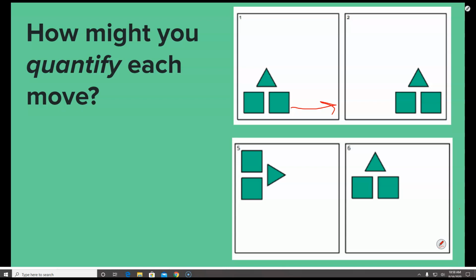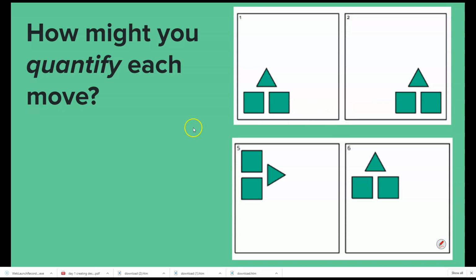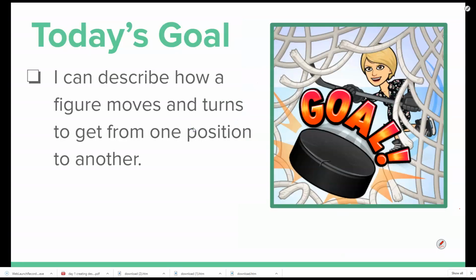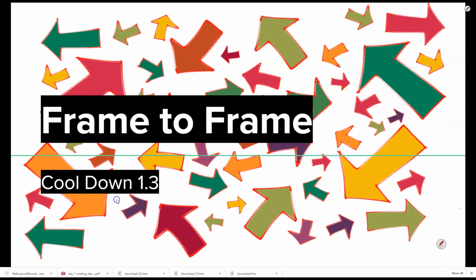Quarter would be 90 degrees. Half would be 180. 3/4 of a turn, which of course would be 270. And if you were spinning it all the way around, that would be 360 degrees. Okay. So today's goals, I can describe how to figure the moves and turns to get from one position to another. Okay.